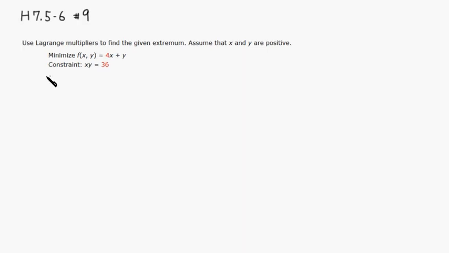We have to come up with the function capital F of x, y, lambda. I have to rewrite the constraint by subtracting 36 from both sides, so we have x times y minus 36 equals 0.